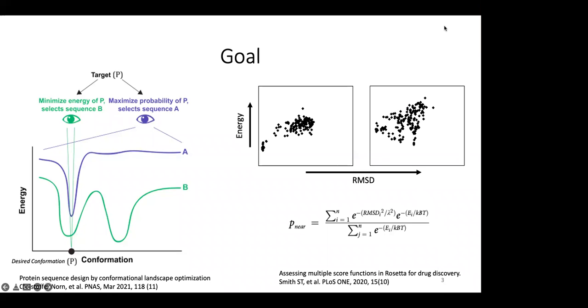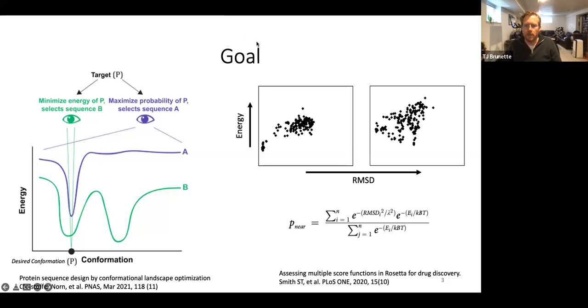And Vikram's thing, I think, trained on p-near to be able to assess p-near-ishness without having to do all the forward folding. Right. But the p-near script that you pass in a funnel is in Rosetta.